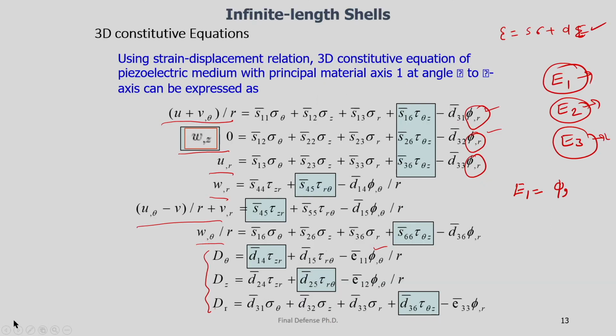So E1 will be minus phi comma theta, E2 is minus phi comma z, and E3 is minus phi comma r. Here phi is known as the electrical voltage.